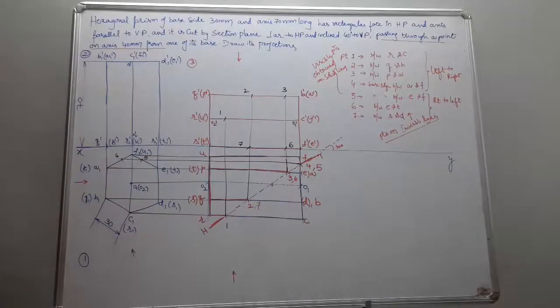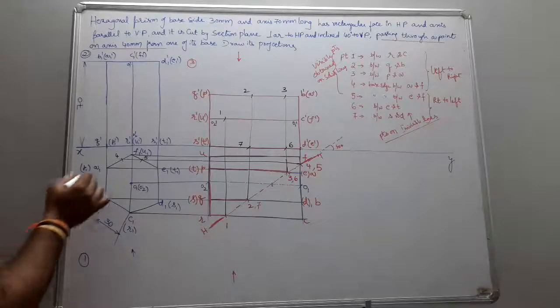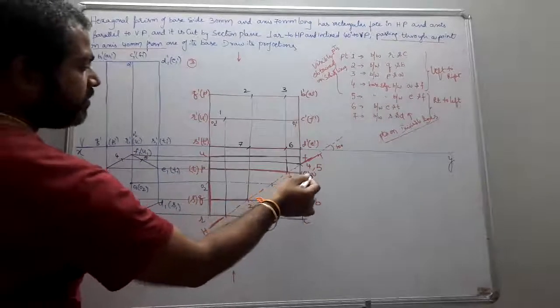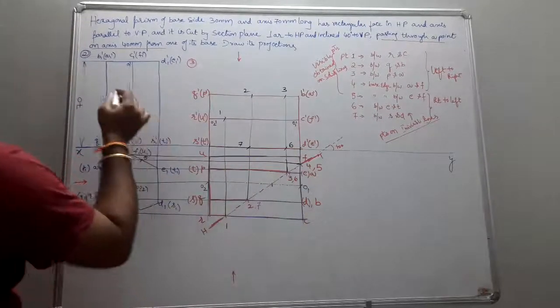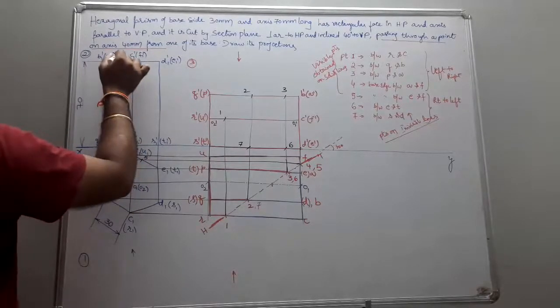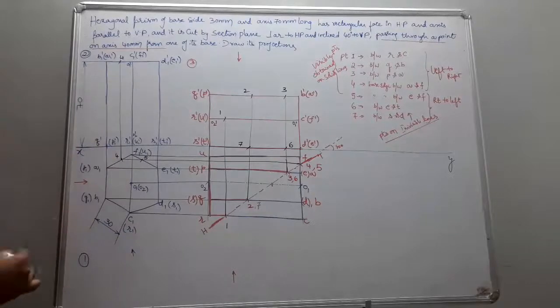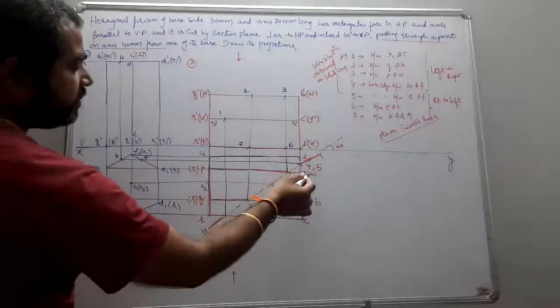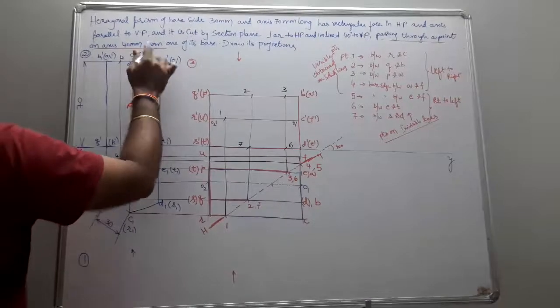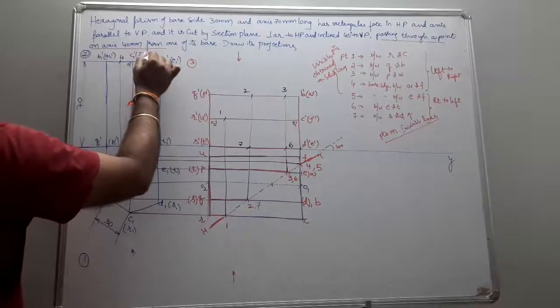Now project these points to the respective positions. Point 4 is in between A and F, so I project this line vertically. So this becomes your 4. Point 5 is in between E and F, so I project from here. This becomes your point 5.